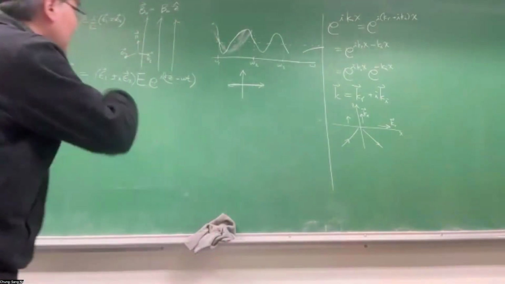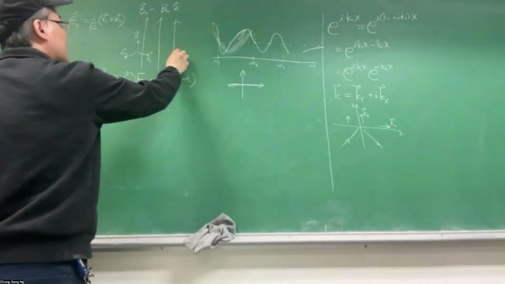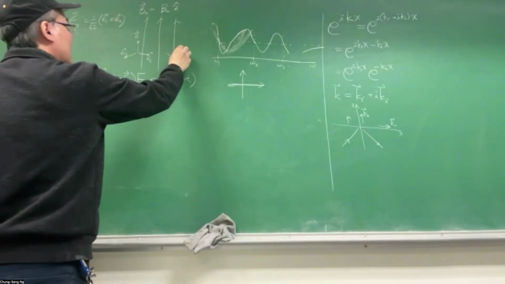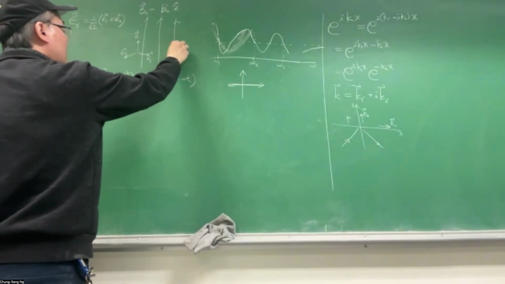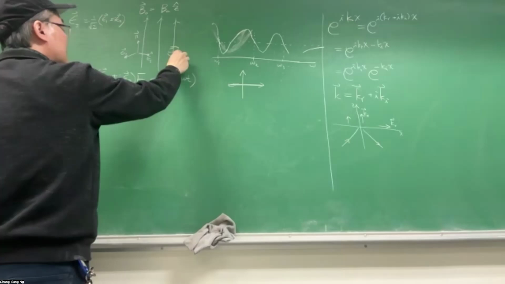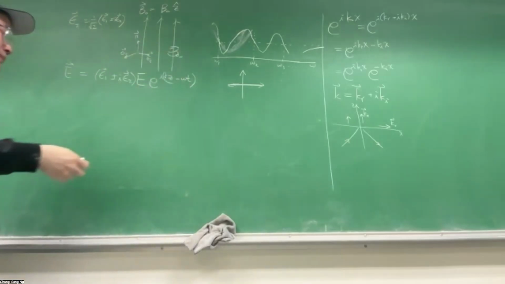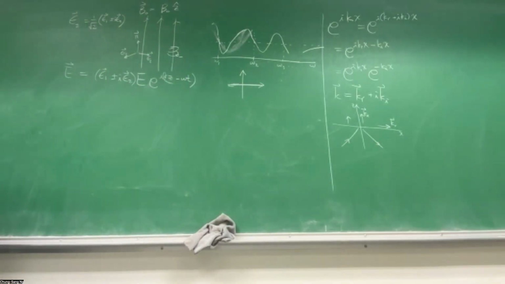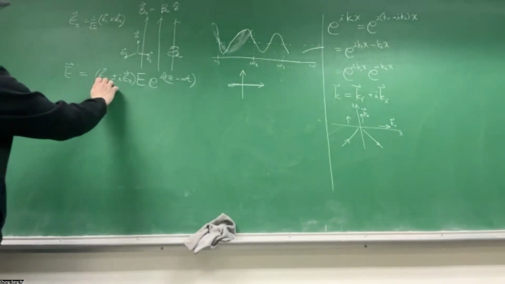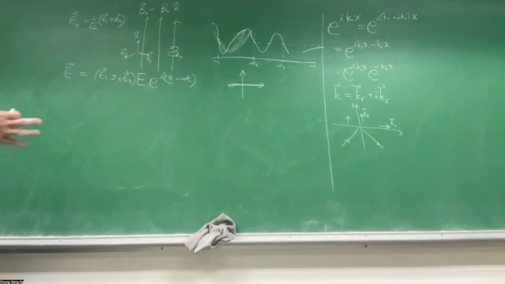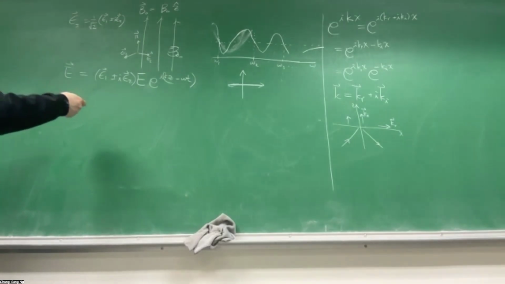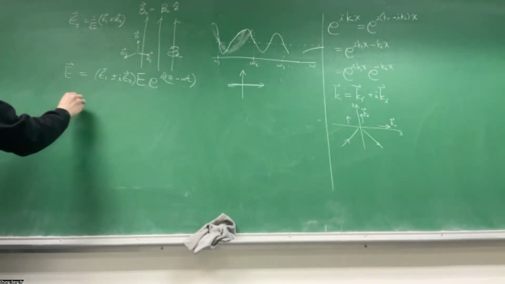When you have electrons, mostly they will gyrate around the magnetic field lines, but then with the wave, the electron will perform a circular motion. So write down the equation of motion.